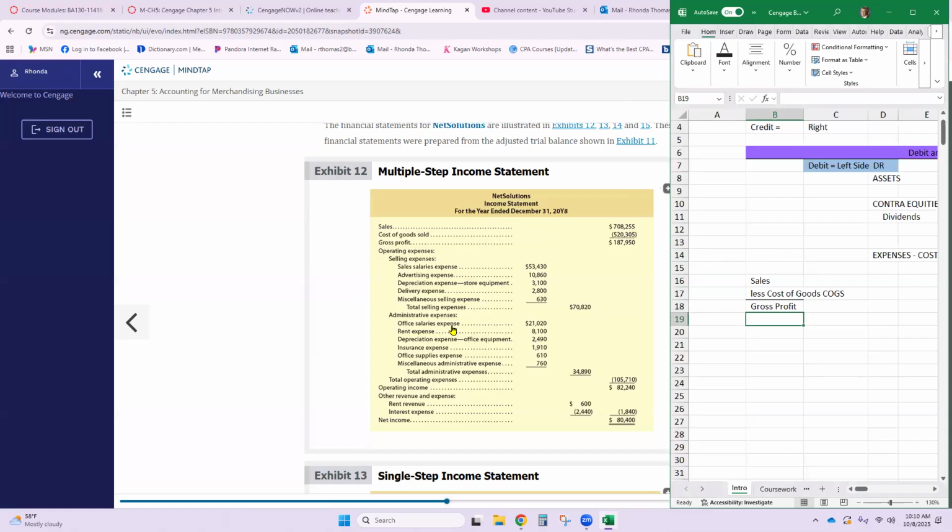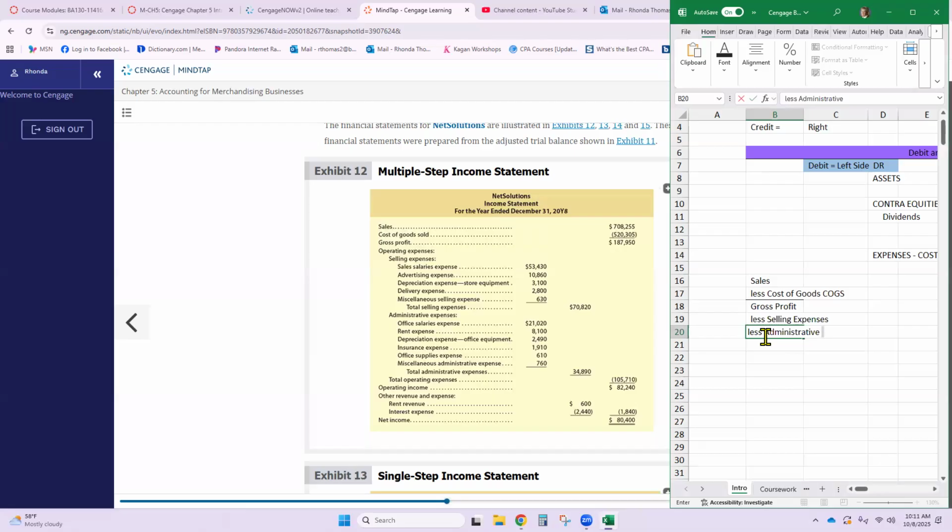So I want you then to memorize less selling expenses. Okay, and then you're going to get, I mean, there's some in between here, but this is the order they're going to go. Then we'll do less administrative expenses, and you'll learn the vocabulary involved with what a lot of these account titles are.